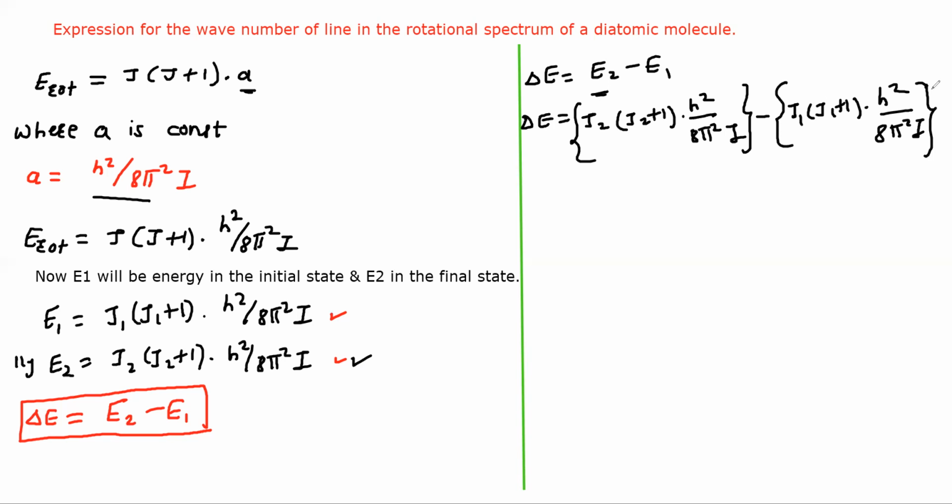Okay, so in the next step, h square upon 8 pi square I is the constant term. So we just write it outside the bracket.